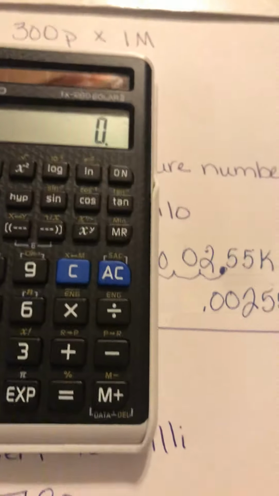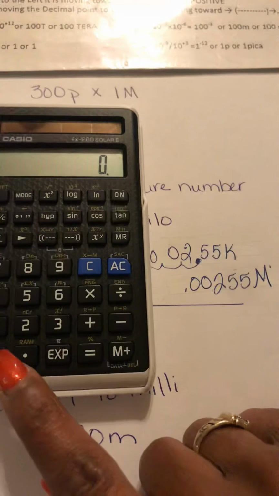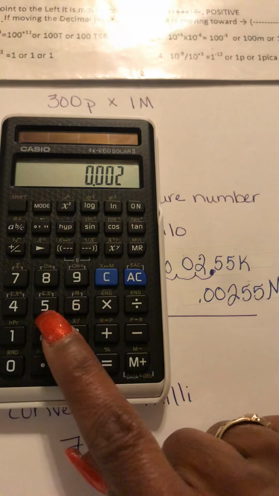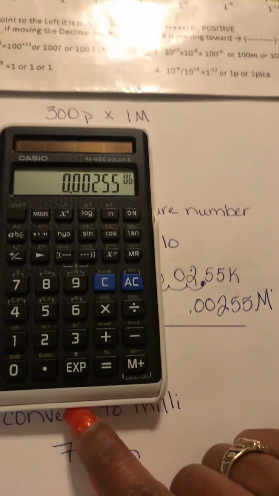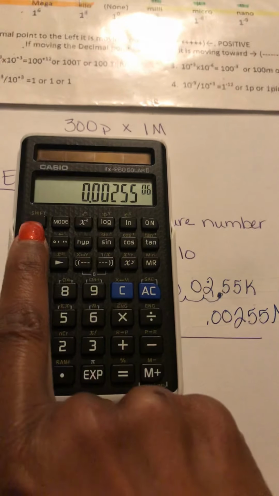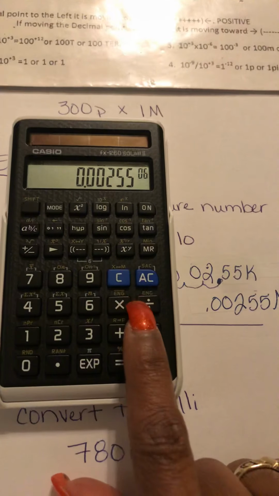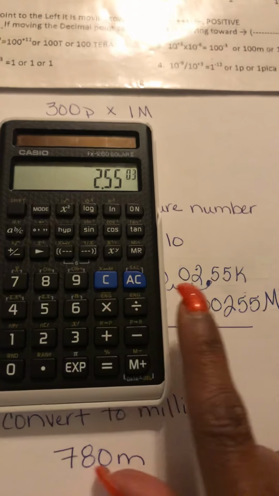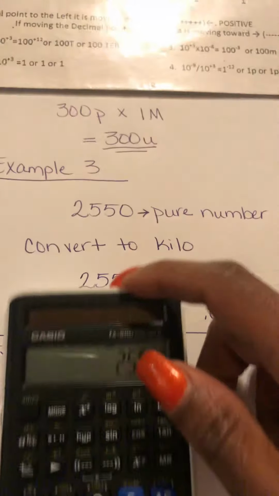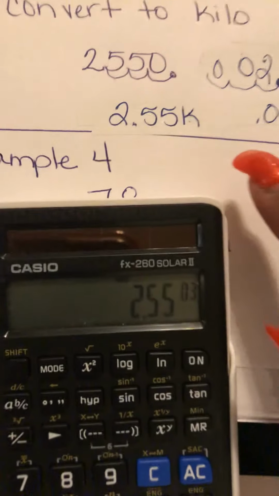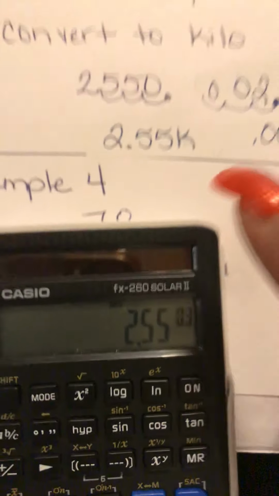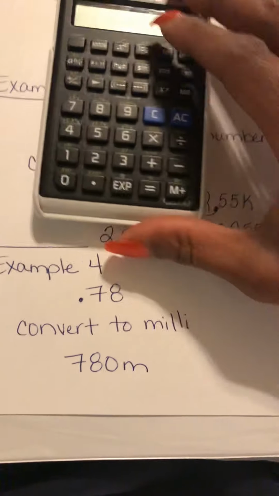Let's check that out. So if I put 0.00255 exponent 6 into my calculator and I hit shift divide. Wow. It says it's the same as 2.55K. So that's the same number. Okay?